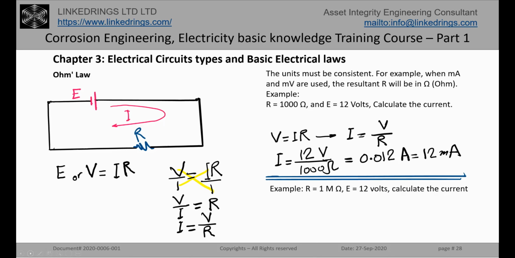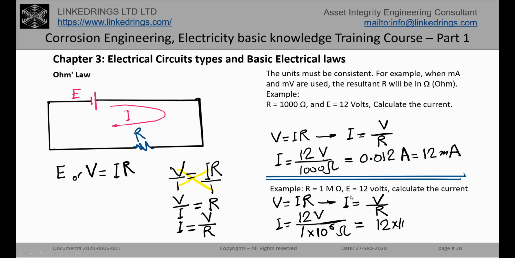Example: if the resistance equals 1 mega ohm and E equals 12 volts, calculate the current. We notice here the units are not consistent. We have mega ohm and we have volts, so we have to take this into consideration.